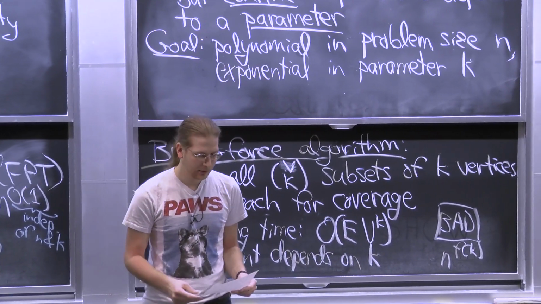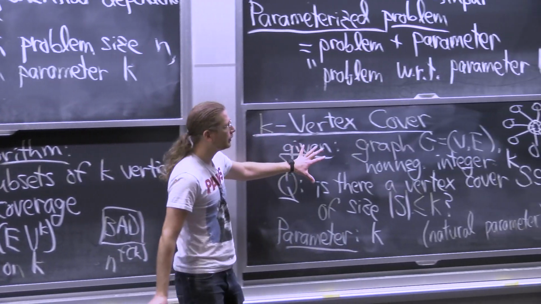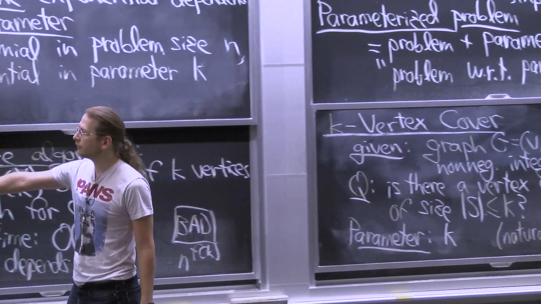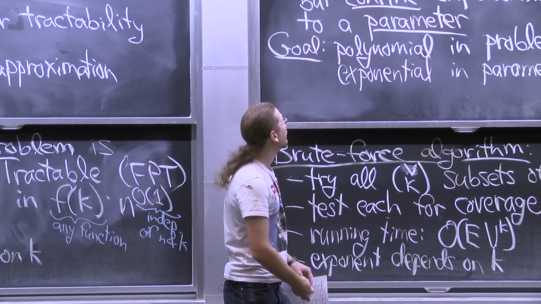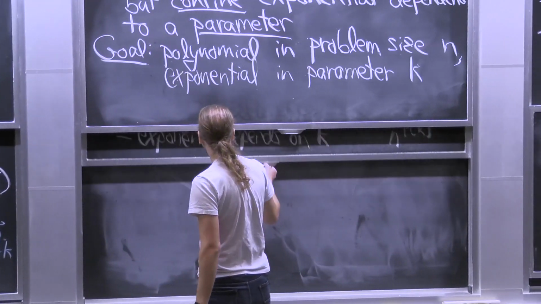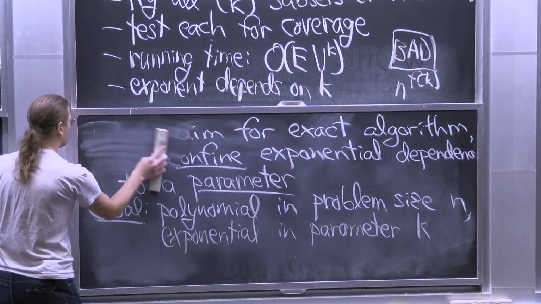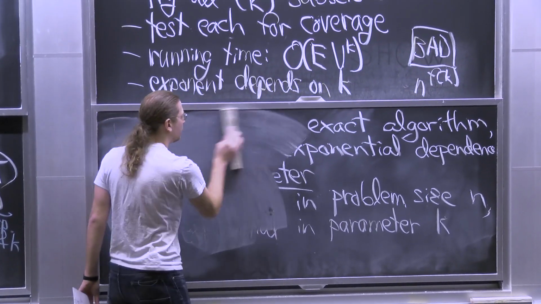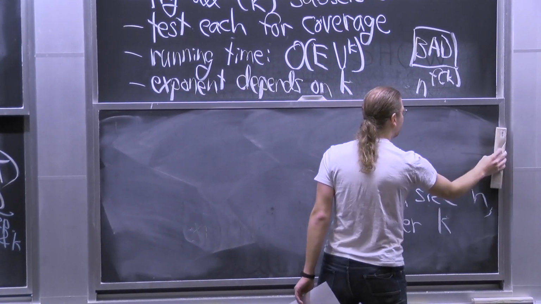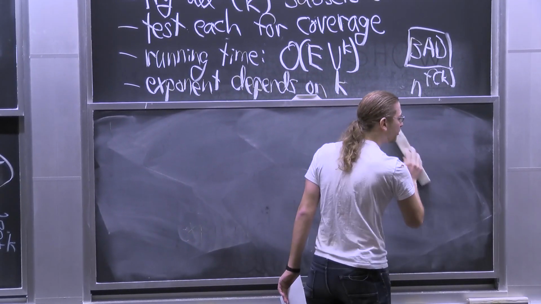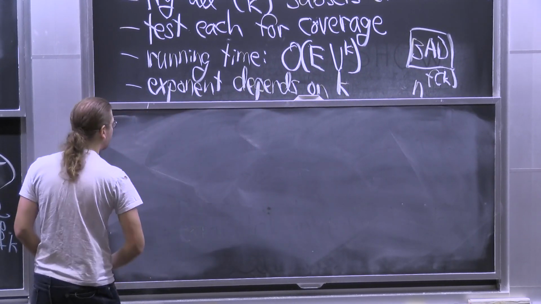Well, we can think about the sense in which it's much better once we have an actual algorithm of this type. So let's try to solve vertex cover in this kind of time. I claim vertex cover is fixed parameter tractable. There is such an algorithm. The algorithm is going to look familiar, very similar to the two approximation algorithm that we had last class for vertex cover.